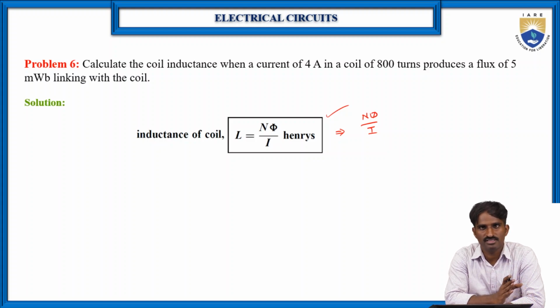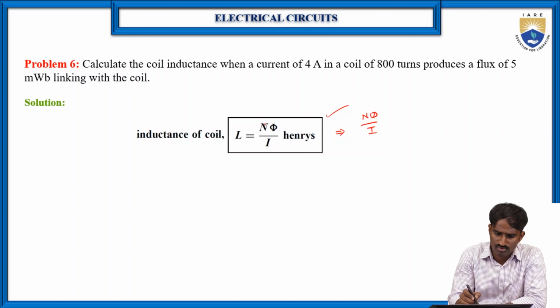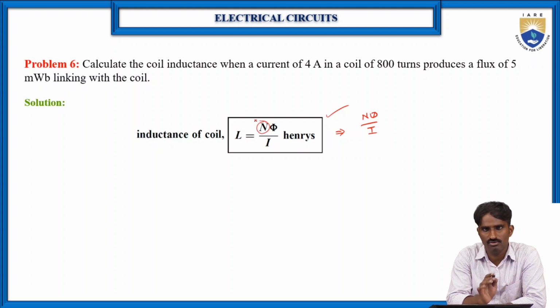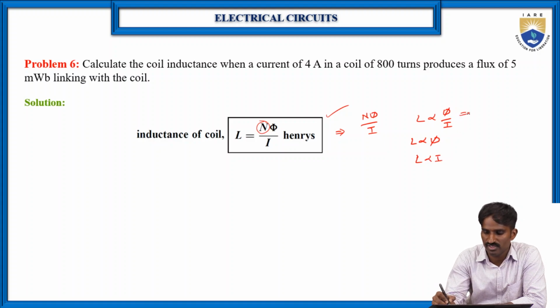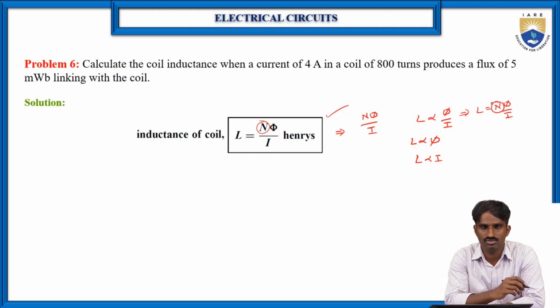Because here N is constant, in other words we can write L is directly proportional to phi by I. Which means L is directly proportional to phi and L is inversely proportional to I. If you remove this proportionality, then we can write L is equal to N into phi by I. So here N is the number of turns, which is constant.